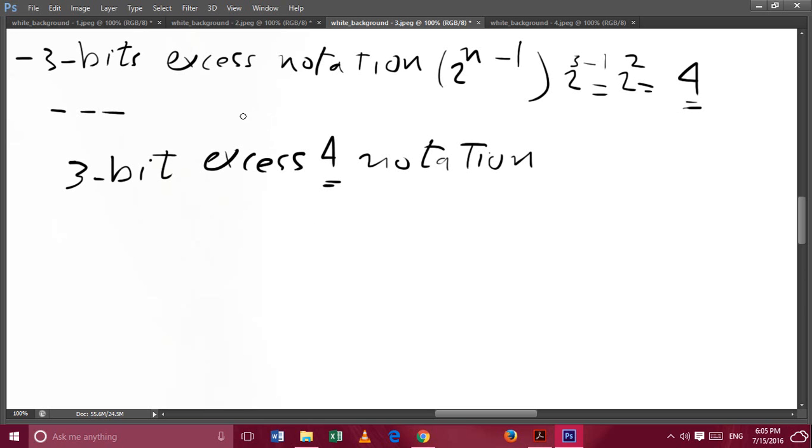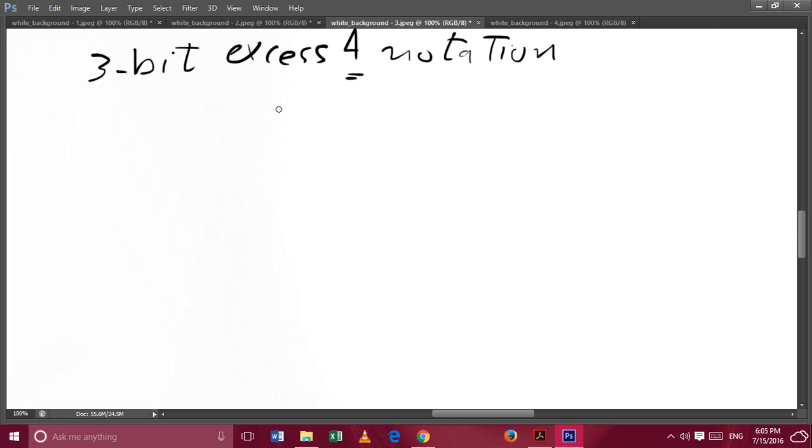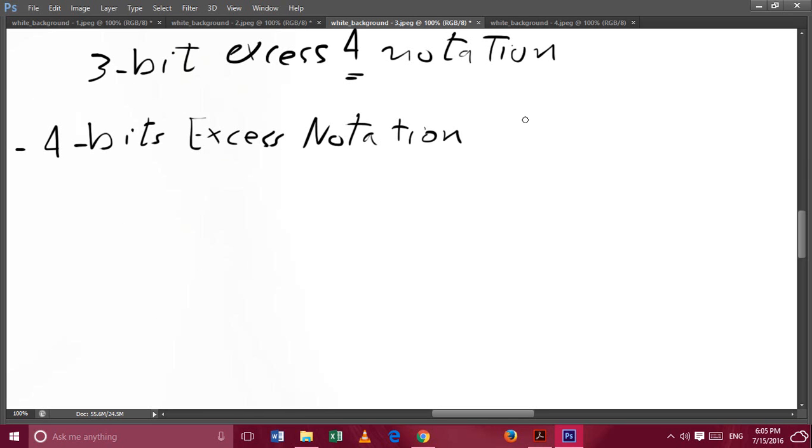So let's take another example. If I have a 4 bits excess notation, can you tell me what is the excess of this system? Well, very easy. The excess equals 2 to the power of n minus 1, where n is the number of digits.